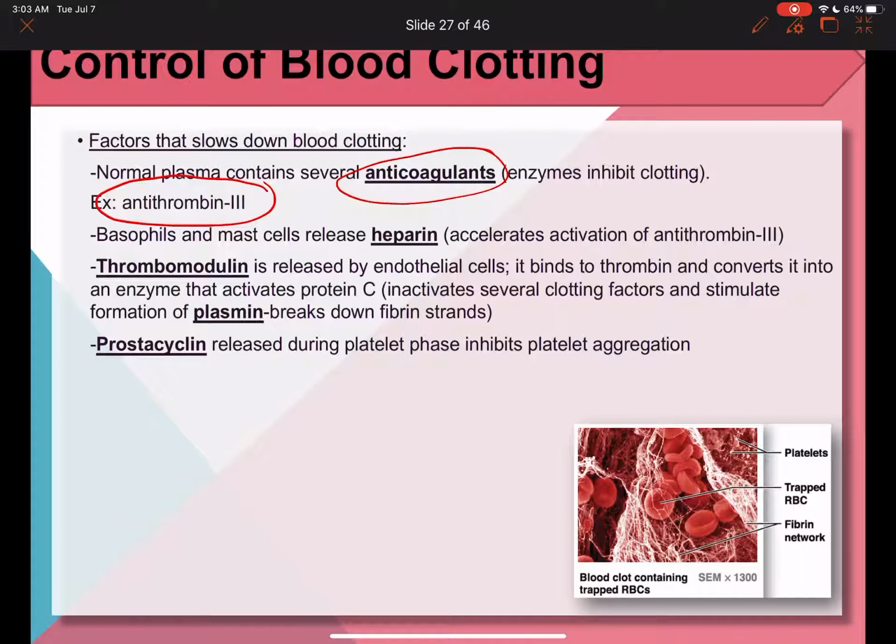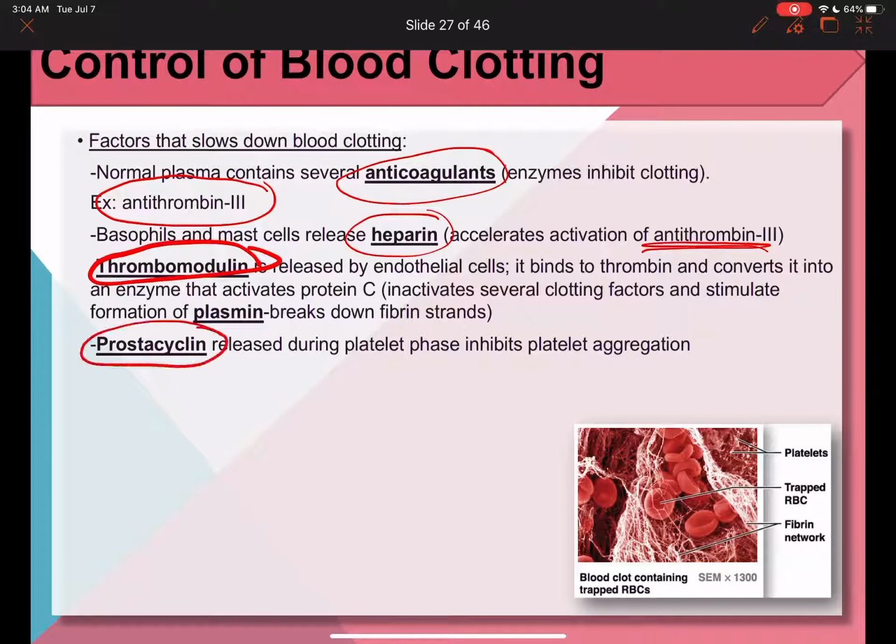And we have already mentioned basophils and mast cells will release heparin, which usually will serve to inhibit abnormal clotting and works by accelerating the activation of this particular antithrombin 3. Thrombomodulin can also inhibit clotting factors.